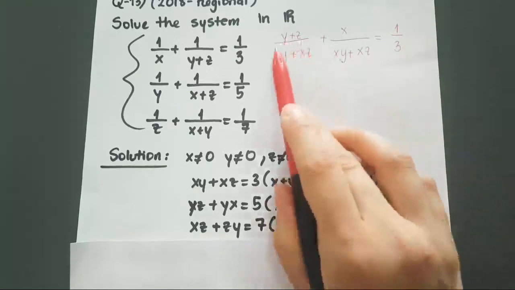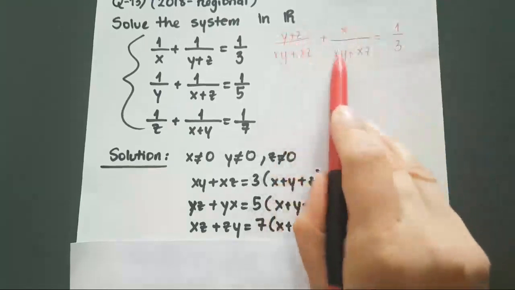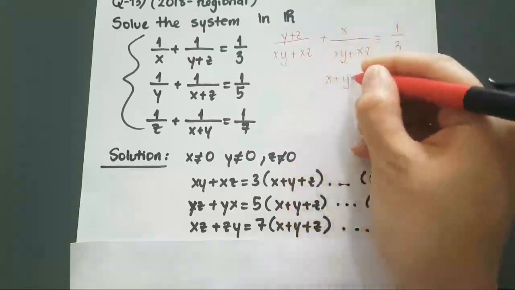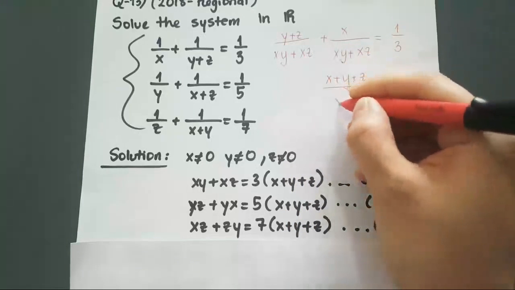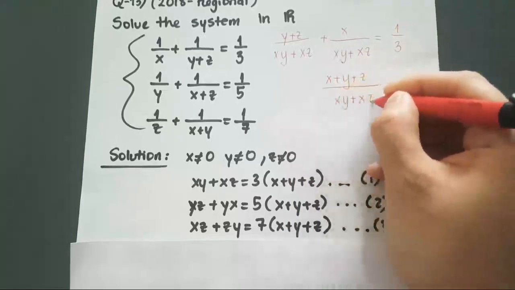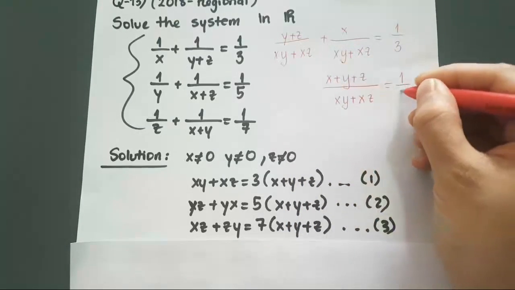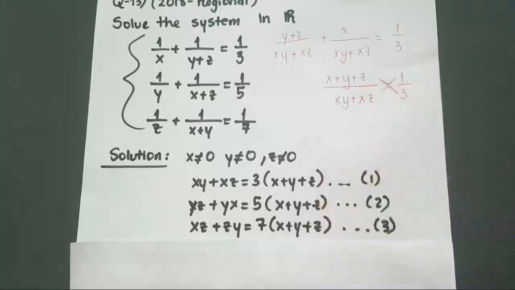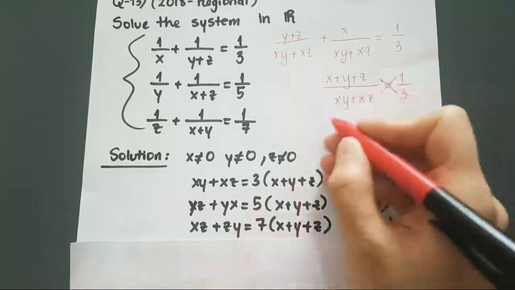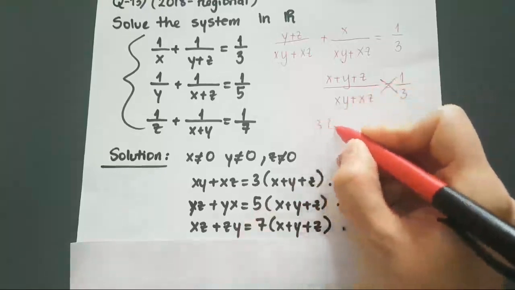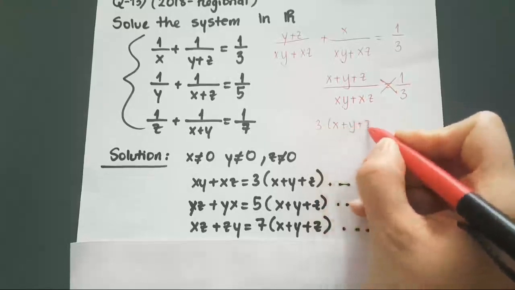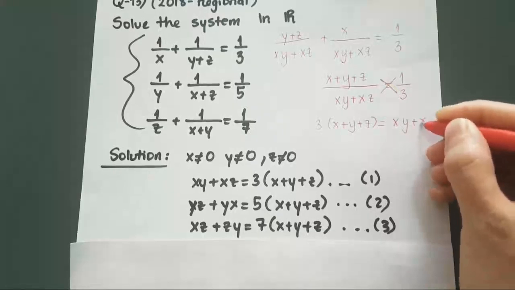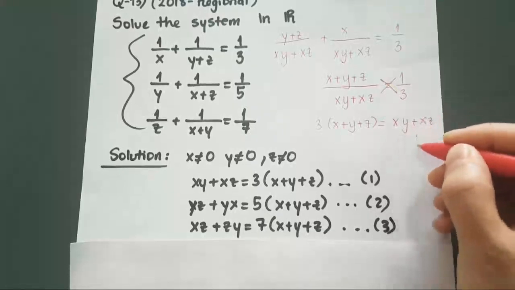And from here, do we have a common denominator? So can I write it as a single rational expression? Is it going to be x plus y plus z over xy plus xz is equal to 1 over 3? And can I do cross multiplication here? Is it going to be 3 times x plus y plus z is equal to xy plus xz, which is the first one.